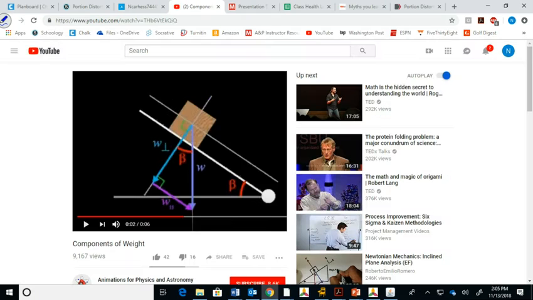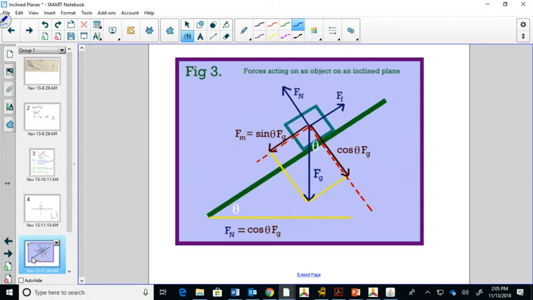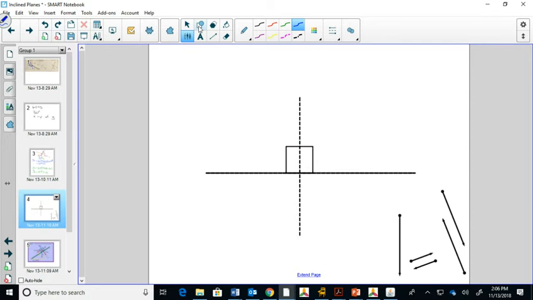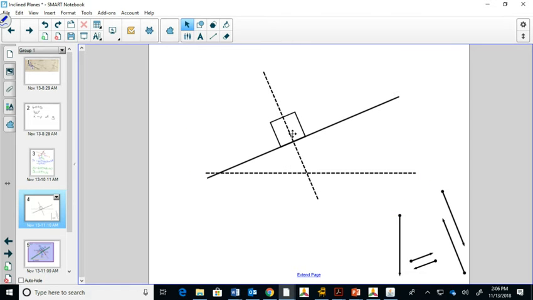So I want to show you again, here are the forces that we can deal with, right? So I'm going to try this. I tried to make this here. Let's see if we can make it work. So I'm going to lift this up. So we got an angle here.